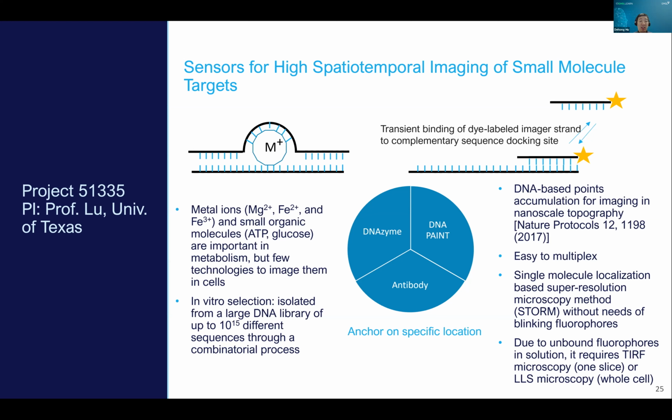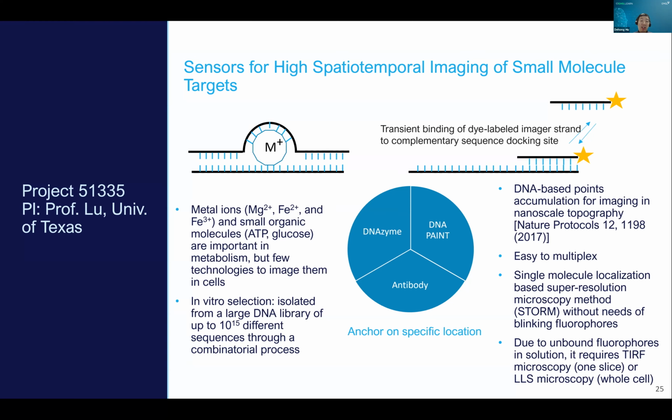But those things are very hard to probe under a microscope. Unlike DNA, which is very easy: you can buy a commercially available dye, stain it, and image it. But for those metal ions and organic small molecules, there are very few tools available. So he is developing sensors for this kind of small molecule.